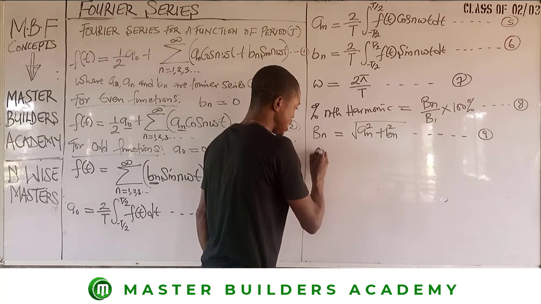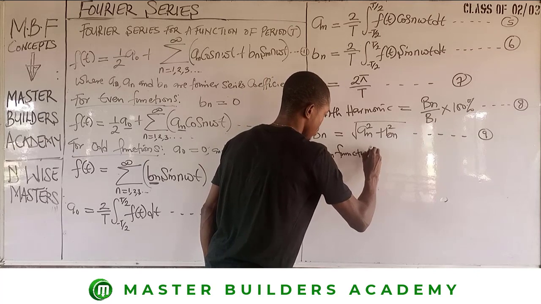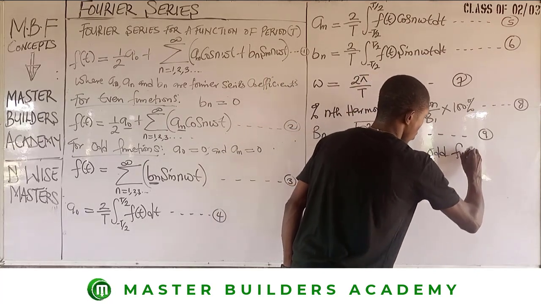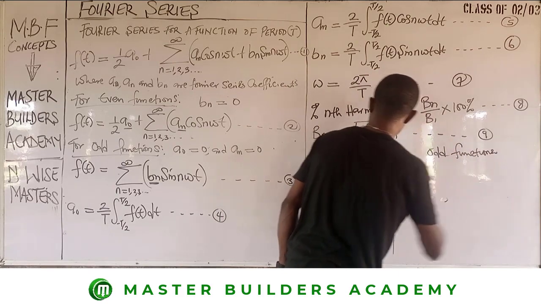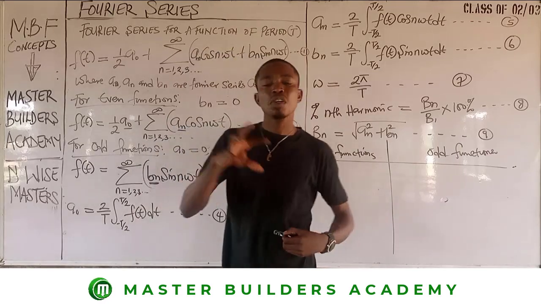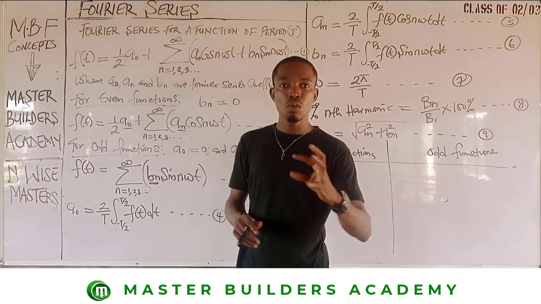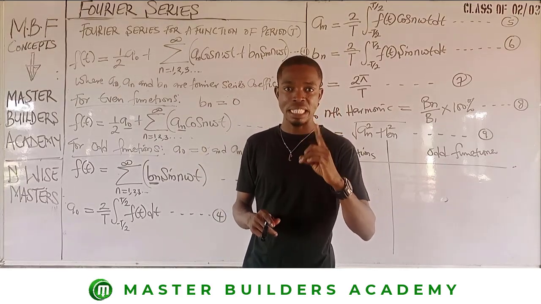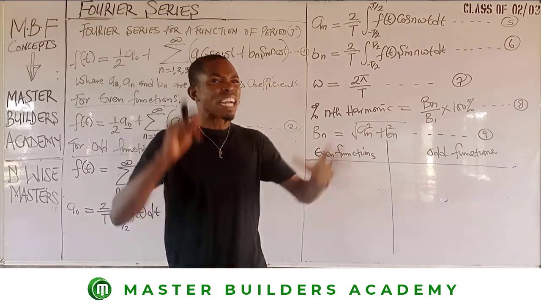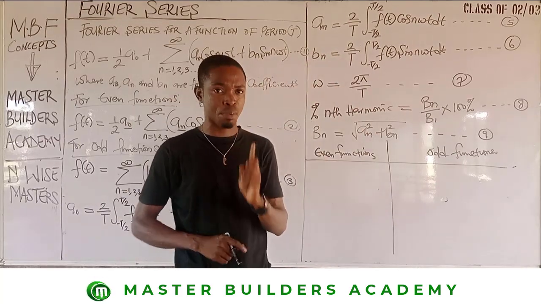For even functions, then odd functions. Now, in Fourier series, the part of even function and odd function that will give you a high level of stability is the graphical approach.